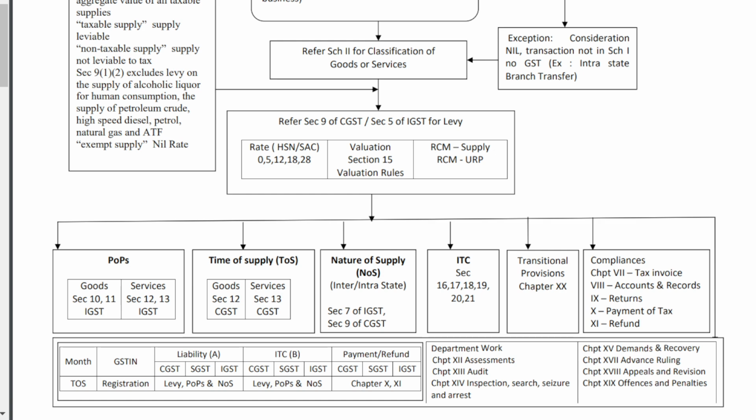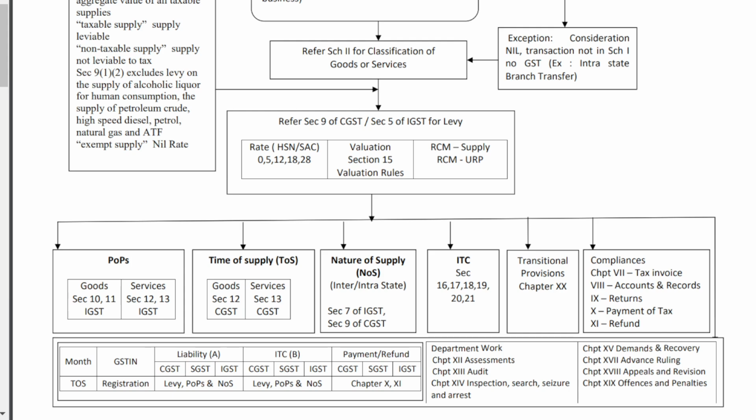ITC, sections 16, 17, 18, 19, 20, 21. If you want to understand the ITC provisions, then you have to read section 16 to section 21, which speak about ITC. Sections 16 and 17 are very important sections, which we have to read thoroughly so that we can understand in a detailed manner.